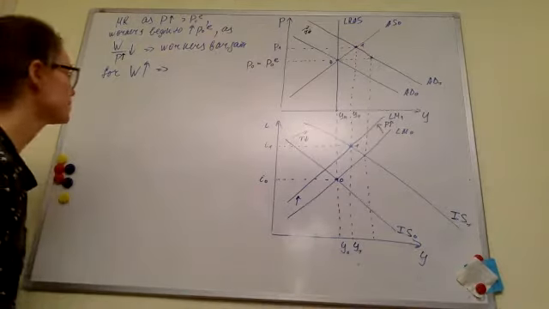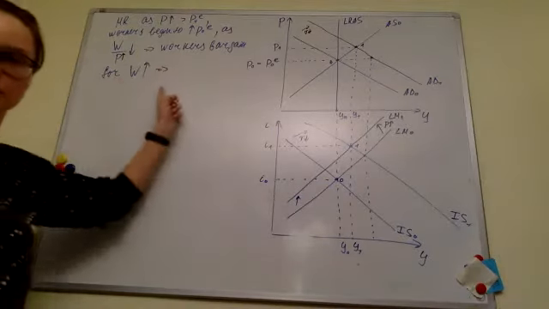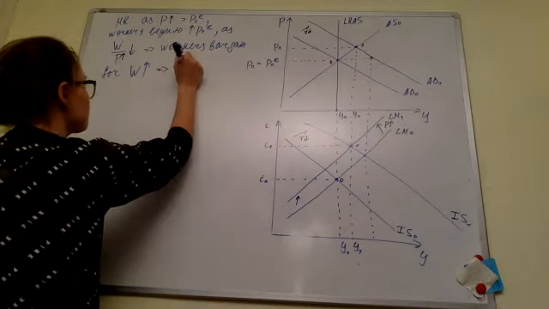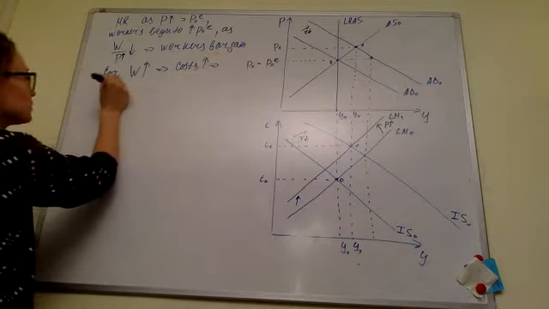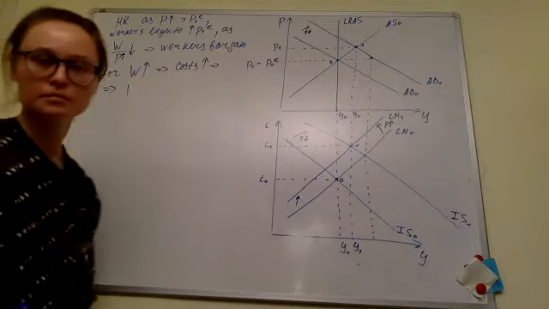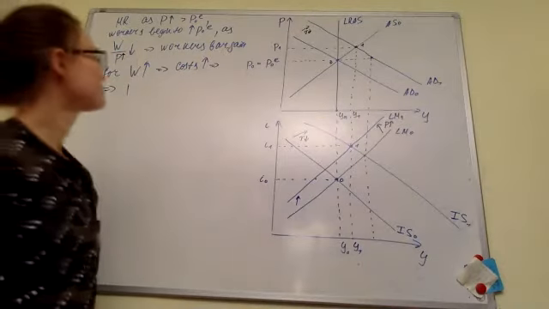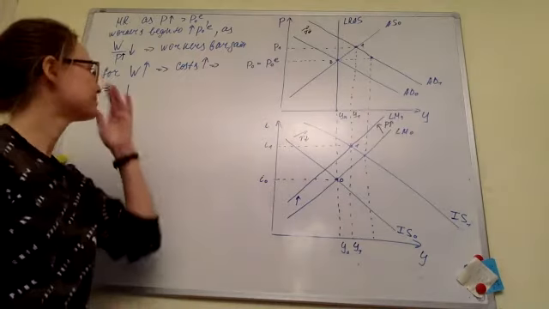Exactly. If our firms now need to pay more to workers, costs will go up for firms. And why do you assume that once workers ask, they receive what they ask? Very good. Because this is just an example.